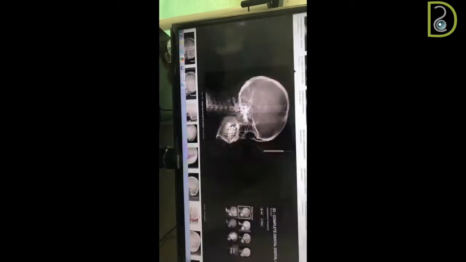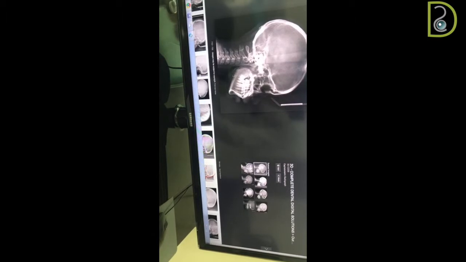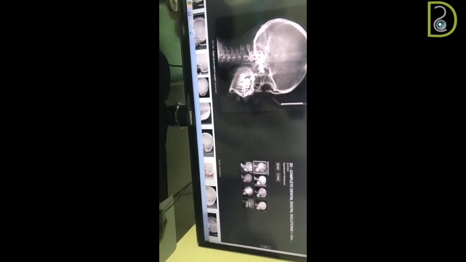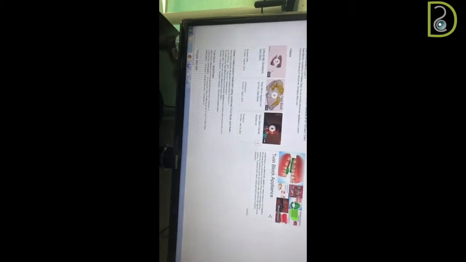I didn't see it here. We'll look for it. This is a good appliance, the twin block appliance.